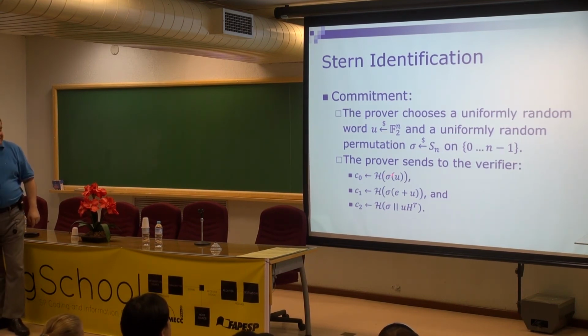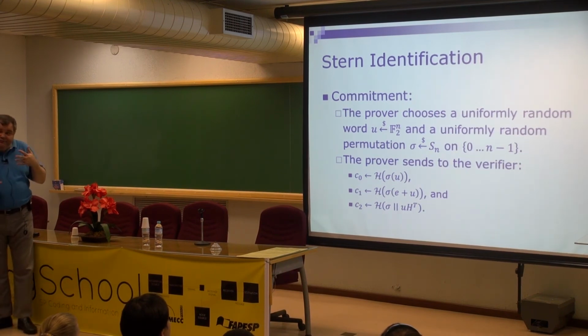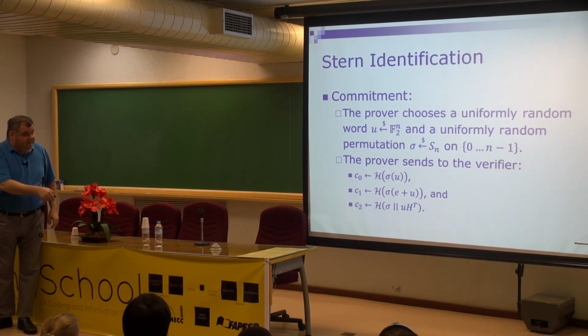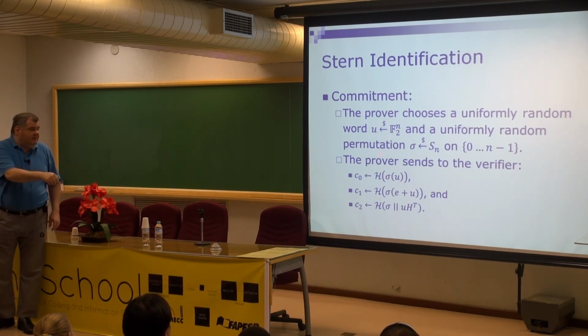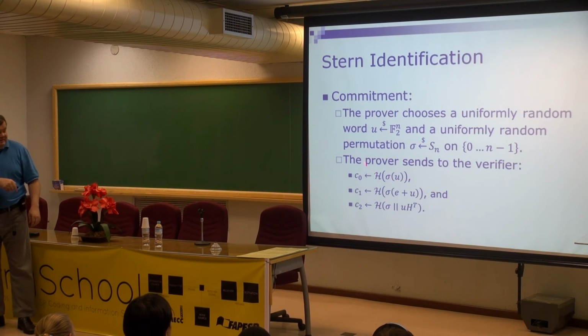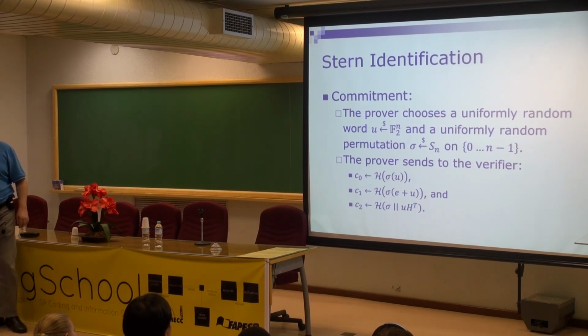We will hash that random word U permuted according to the permutation we choose, sigma. So we hash it. The challenger cannot know what sigma and U are by seeing only its hash, but if he or she gets to know what sigma and U are, then it's easy to check that C sub 0 is correct.